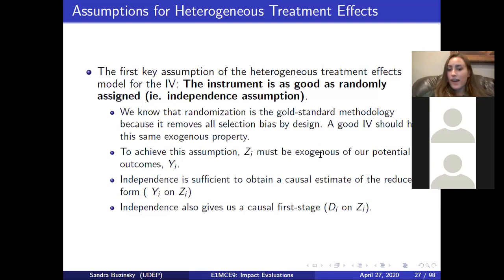And that means that Zi has to be exogenous of potential outcomes Yi, and that's saying no selection bias.